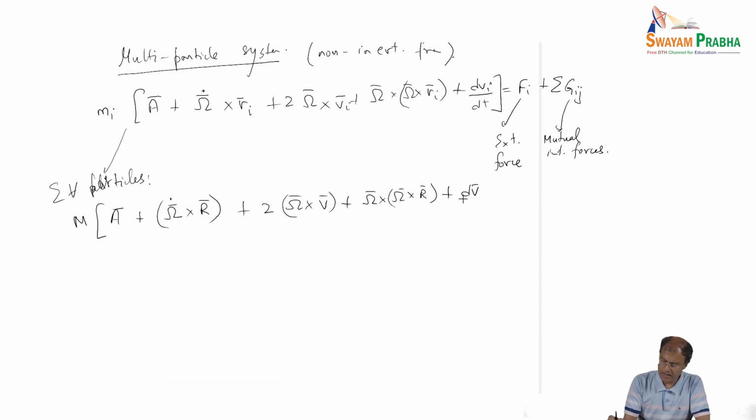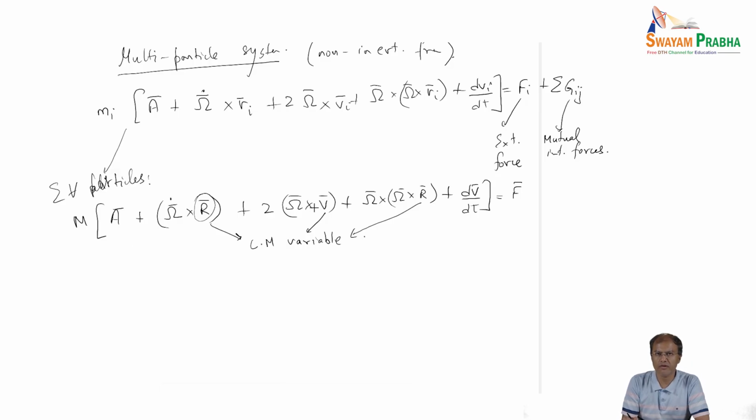Plus dV dt is equal to F, right? So these are my center of mass variables here. So R is the position vector of the center of mass and V is the center of mass velocity. So these are all center of mass variables. So this is an equation in the non-inertial frame for the center of mass of the n particle system.